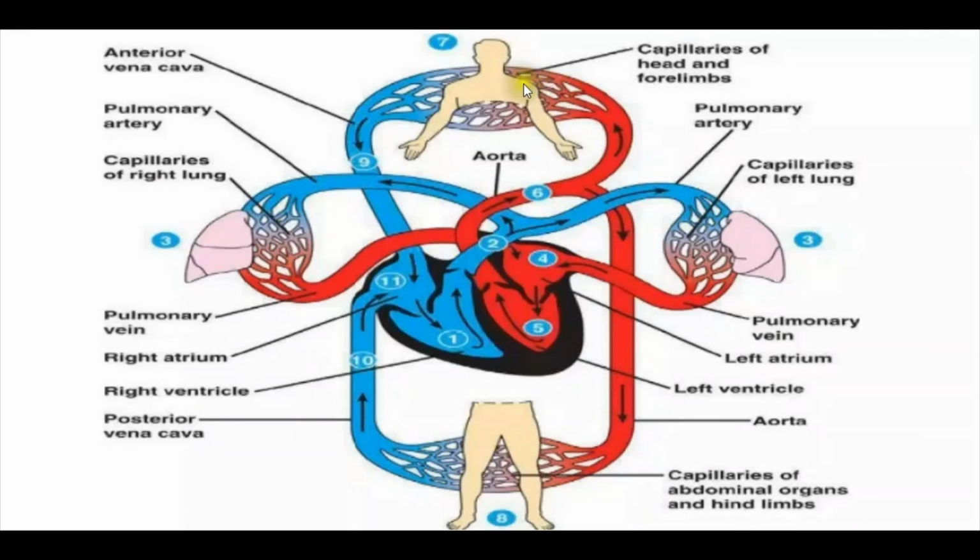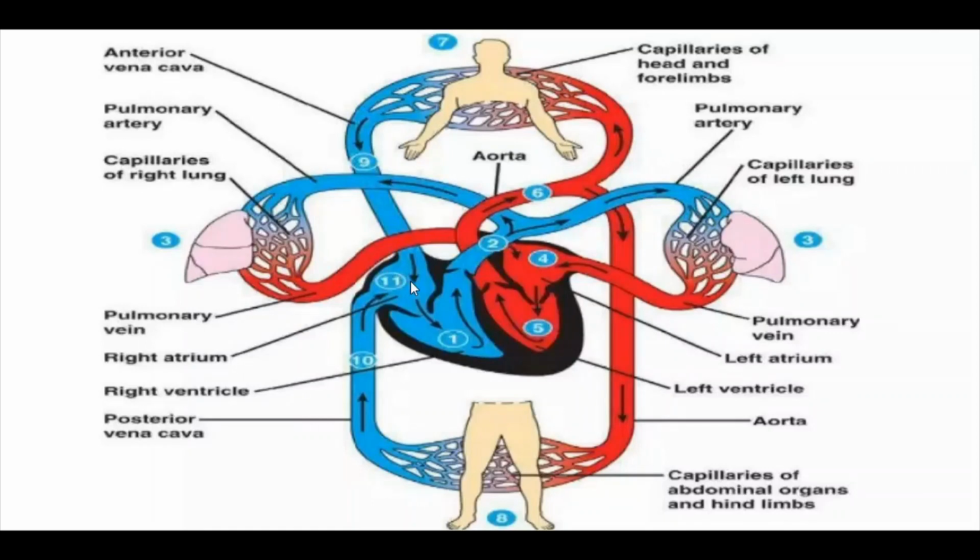Okay, to all the organs of the body, and when it is coming back, it collects deoxygenated blood to the right atrium. Okay, so it starts from the left ventricle and carries oxygenated blood to all the parts of the body, and when it is coming back it collects deoxygenated blood and reaches the right atrium.